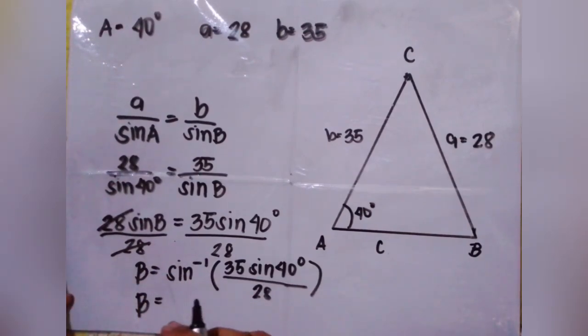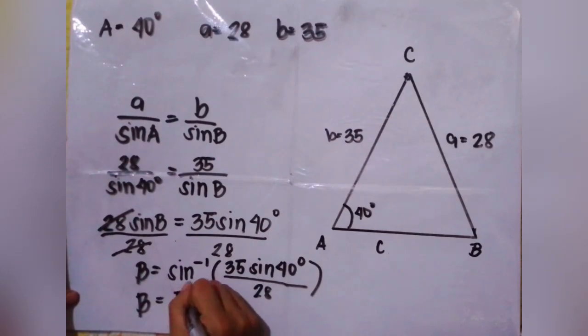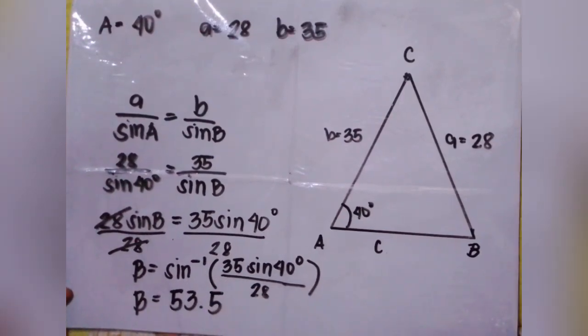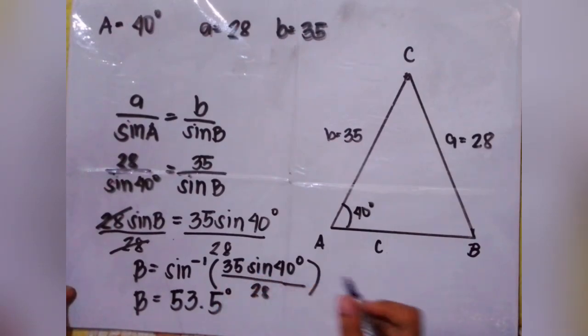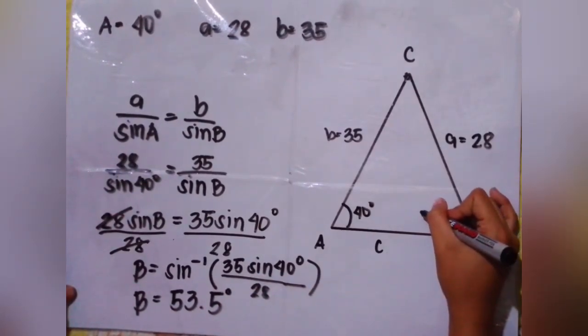Arc sine of 35 times sine 40 over 28 is equal to 53.5. Therefore, our angle B is 53.5 degrees.